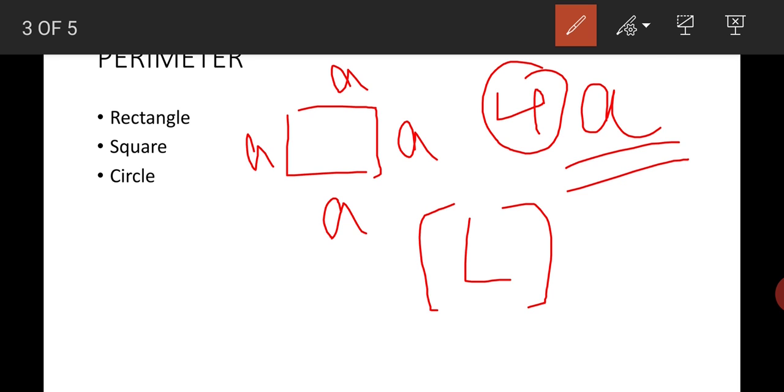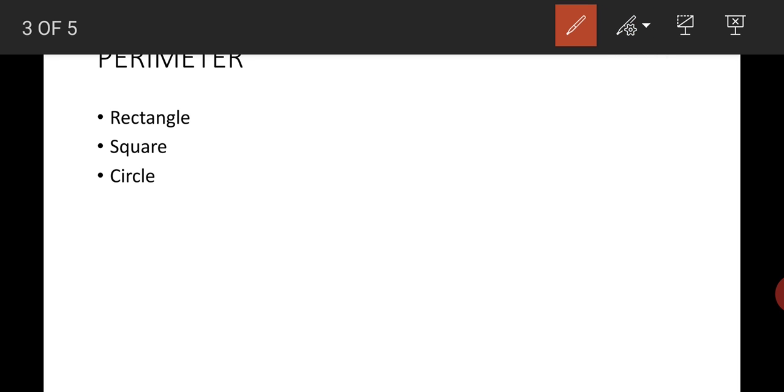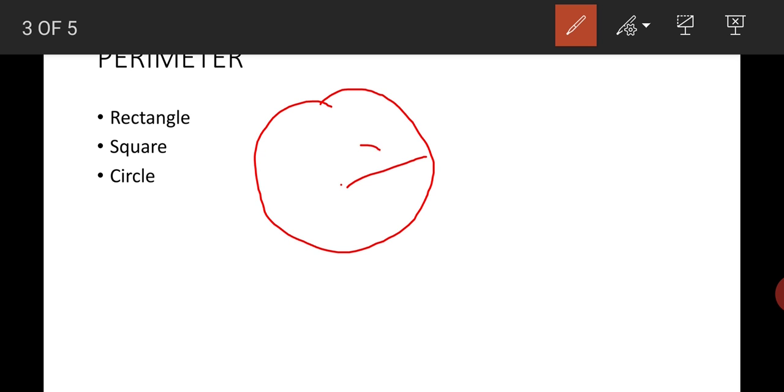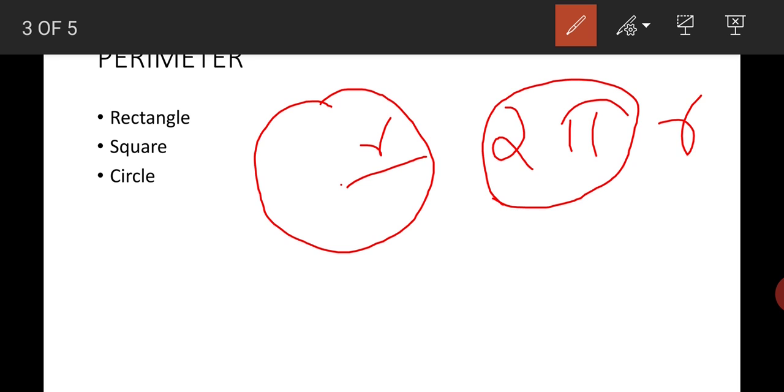Then let's check circle. For a circle, this is the center and its radius is r. Then what is the expression for the perimeter of a circle? It is 2 pi r. We know 2 pi is a dimensionless constant because these are just numbers, 2 into 3.14.